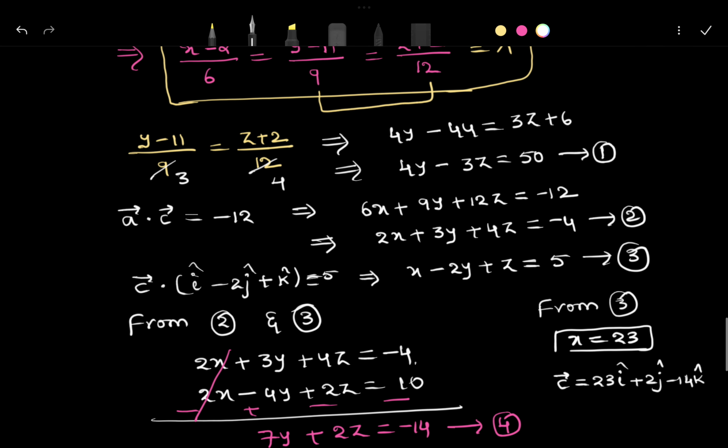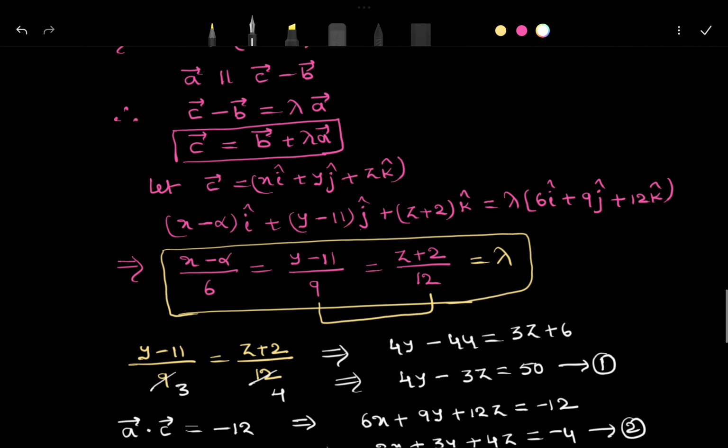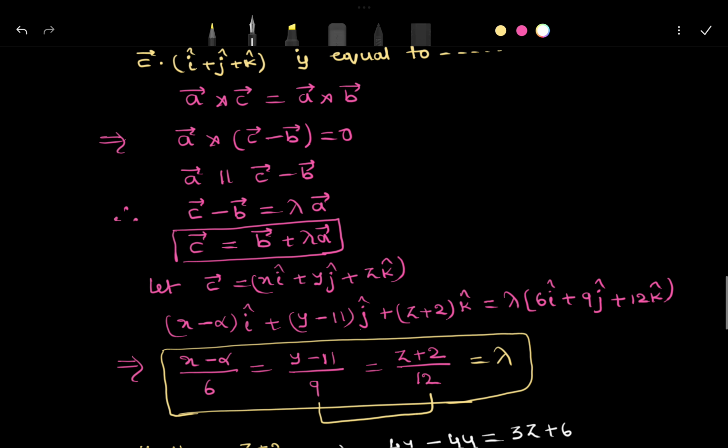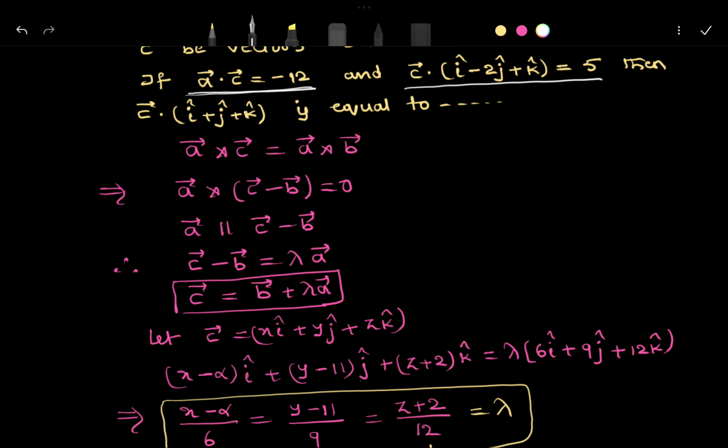In the final question, you have to find out c bar dot i plus j plus k. So you tell me what is that value?